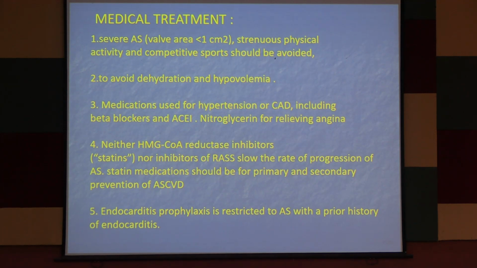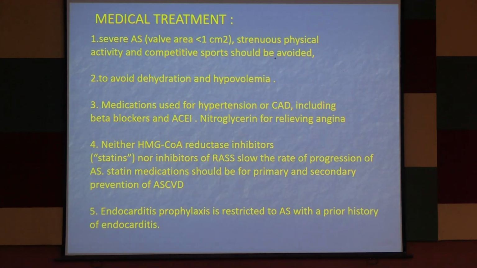And third, medications for hypertension or coronary arterial disease may be indicated, especially beta blocker or ACEI. But HMG coenzyme A reductase inhibitor as well as inhibitors of the RAS, that is the renin-angiotensin-aldosterone system, is not classically indicated in the setting of aortic stenosis.